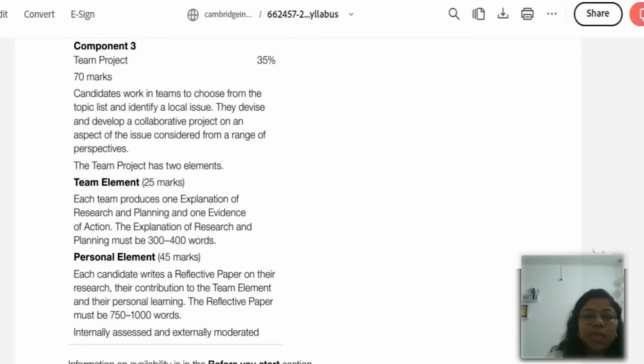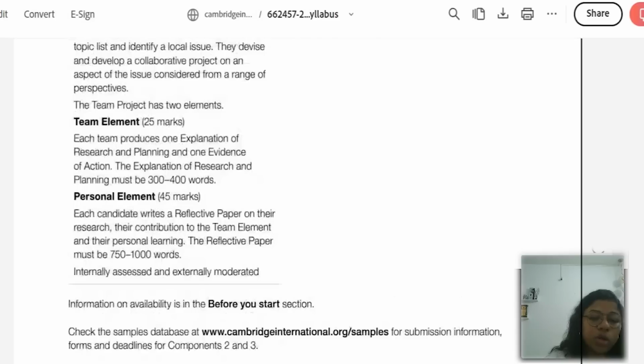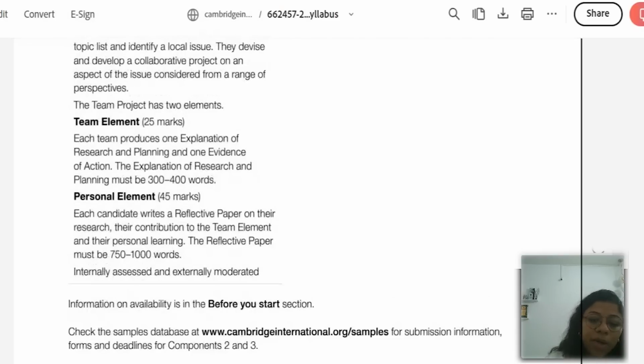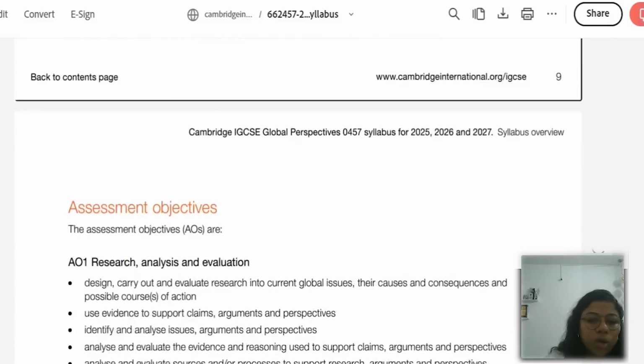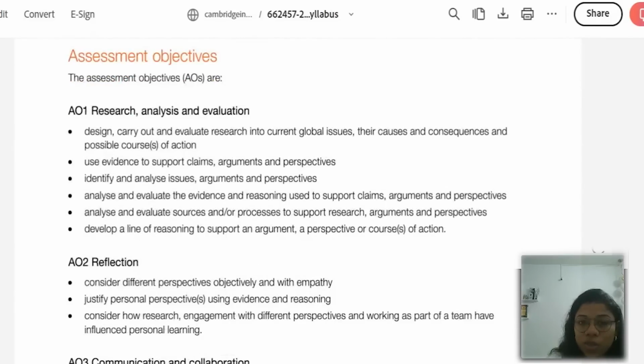Now, the next part is, again, internally assessed and externally moderated. So your school teachers are going to mark you for your team project, but it is going to be moderated by Cambridge examiners as well. That is a very important part. Make sure that you show your active involvement to your teachers, because they are the ones going to mark you.